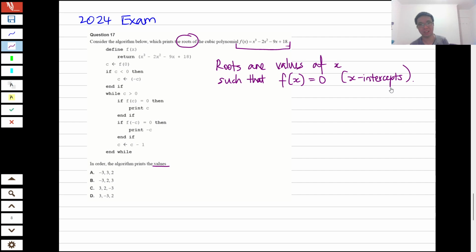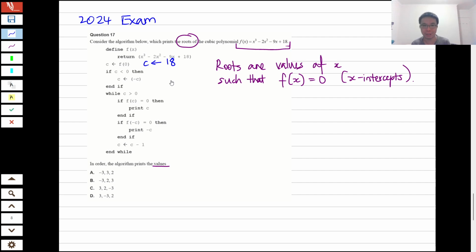Now this is an interesting question. It's unusual because of the way the program is written. They have defined f, and it just returns the expression evaluated at that point. So first we have c is f of 0, which is 18.